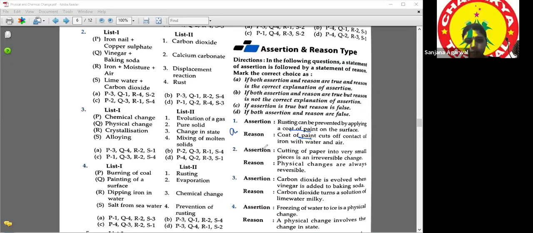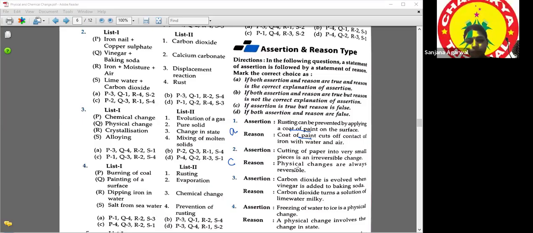Correct. Because we cannot get the paper back in the same way, despite we can do that with Fevikwik or some pasting material, but otherwise not. And physical changes are not always reversible.